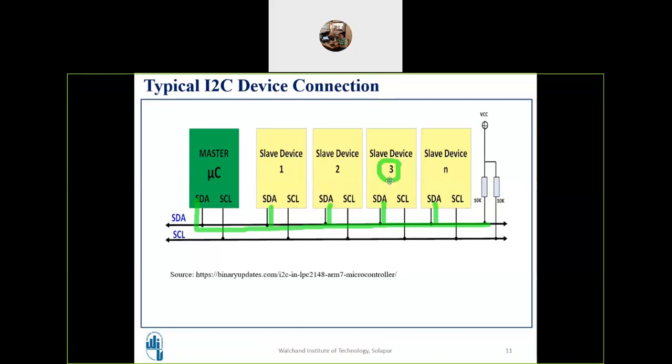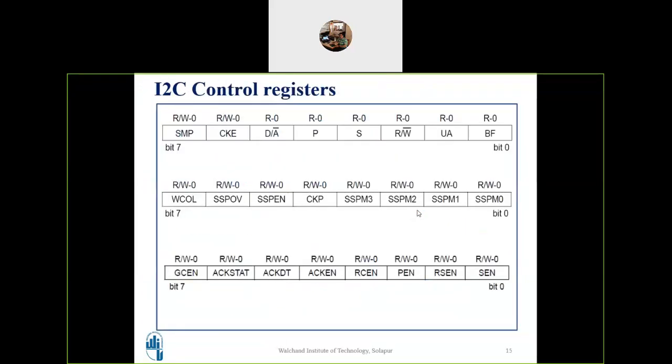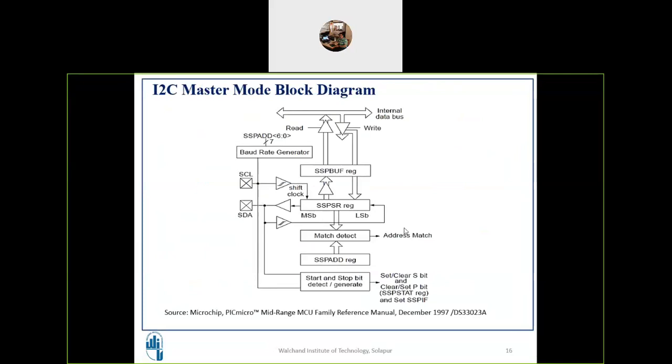Initially the address is sent to all. This device will check what the address is. One device will say that the address in my address register and the address received here are different, and as those addresses are different, it will not entertain the data. Then for device 3 only, the addresses will match, and only then the communication will take place between the master and device number 3. So hope it is making some sense to you.